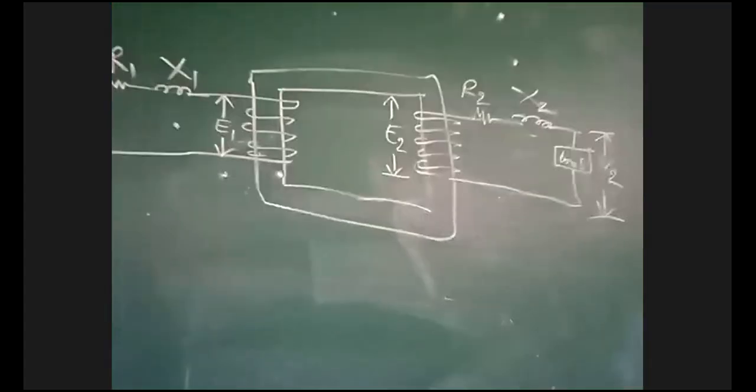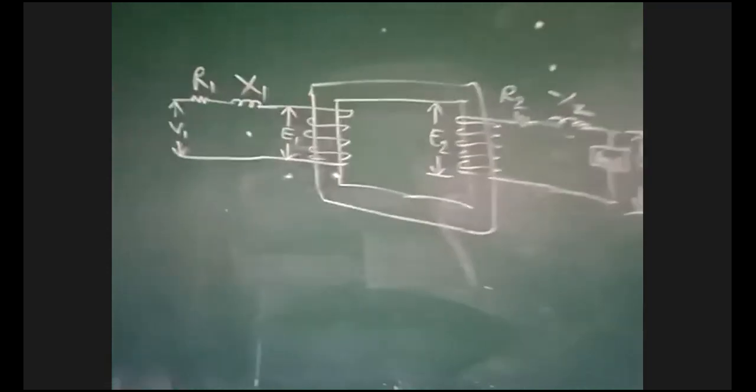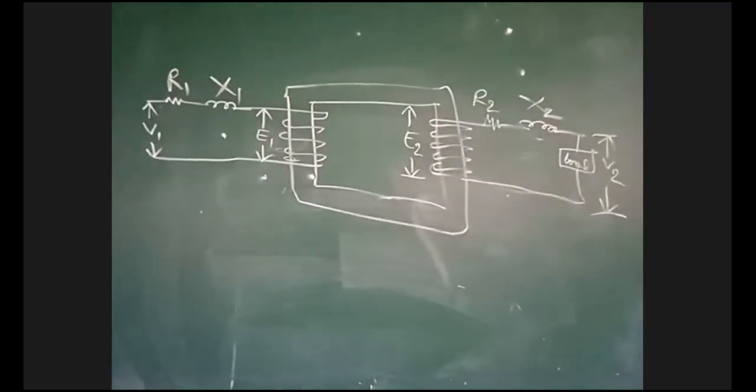And V2 is the voltage in the load. Now here I am taking the ideal transformer with equal number of turns. Primary and secondary equal turns I am taking. N1, N2 are equal.